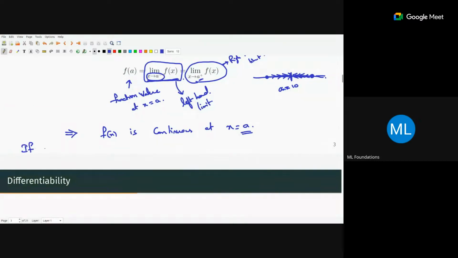This is the statement: if the function is continuous at every point x, where x belongs to the domain, then f is continuous.